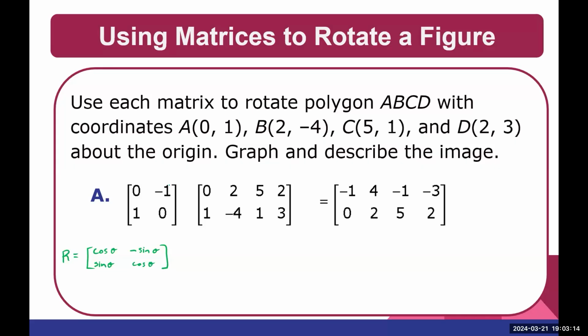All right, so in order to get 0, -1, 1, 0, we know that it's 90 degrees based on the layout, but we need to know if it is actually clockwise or counterclockwise. And you said it is counterclockwise because it is positive, right? So if theta is positive 90, it would definitely give us 0, -1, 1, 0.